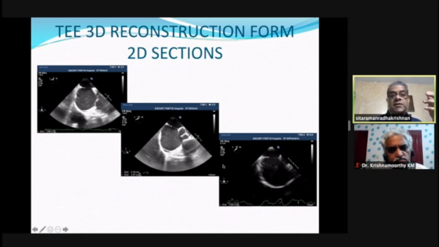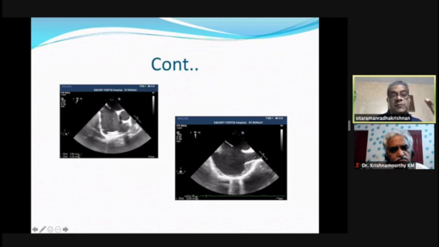These are series of images wherein I basically call this a mental 3D reconstruction of the image from 2D sections. So we start with the 0 degree, 20, 40, and then move on to about 60, 70, and then finally 90 to 100, which gives us the bicaval view.